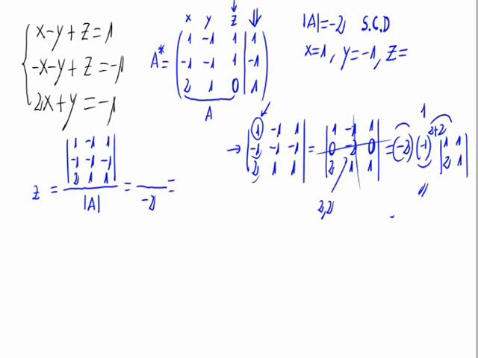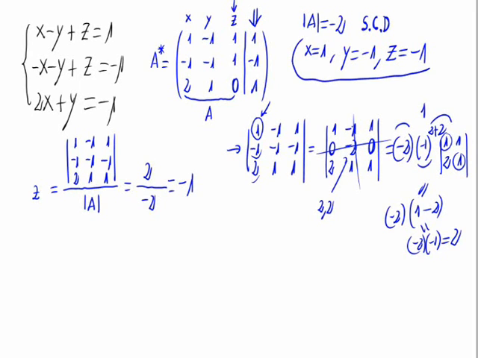Minus 1 raised to the fourth is plus 1, so the result would be minus 2 times the determinant, that is 1 minus 2, so minus 2 times minus 1, and that is equal to 2. Then 2 divided by minus 2 is equal to minus 1. So we found out the value of z is minus 1.